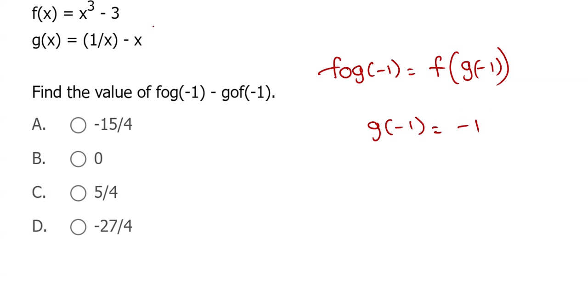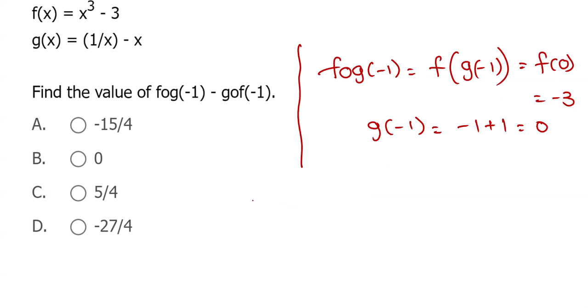Here we'll put minus 1, it will become plus 1, which is nothing but equal to 0. So f of 0 is minus 3. If I put 0 in the f of x function in place of x, we'll get minus 3.